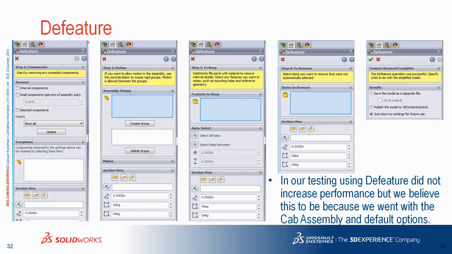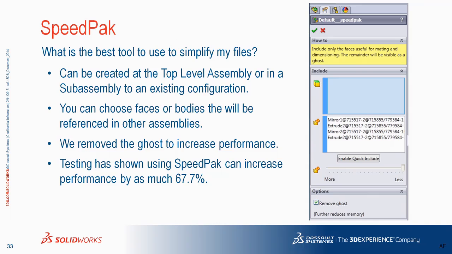I went with the whole cab assembly and just went through the default options with Defeature. So in our testing, it didn't increase performance, but we believe this to be because we went with the cab assembly and the default options, and we didn't have an intimate knowledge of the components like you will with the files you're working with. So I recommend people try Defeature. Look at that, see what that can do for you.